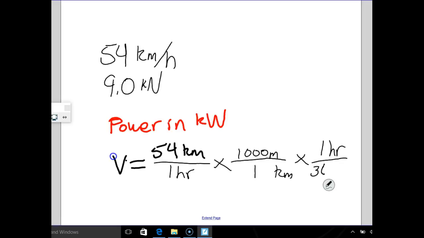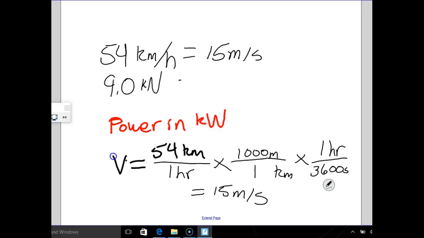And that's going to be 3,600 seconds. If I do that math, I should get 15 meters per second.